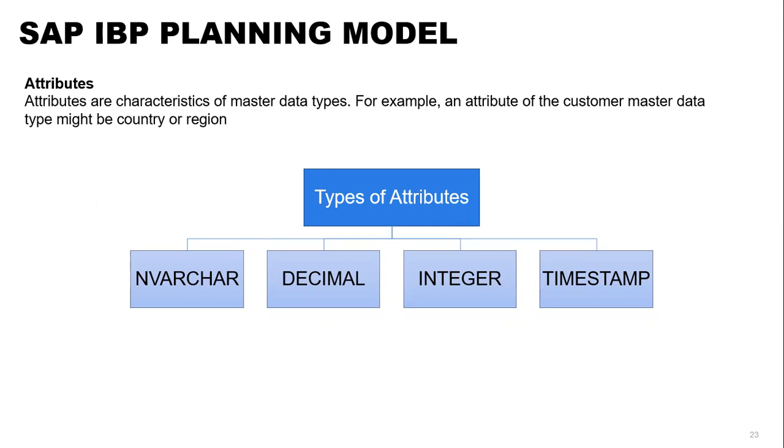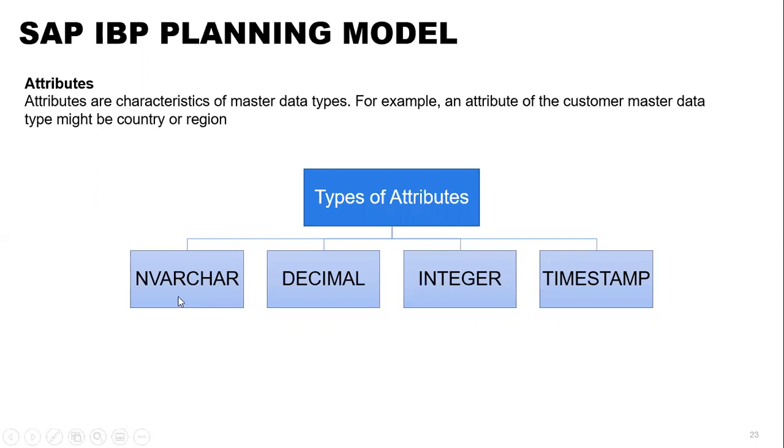If you want to describe a location with alphanumeric values, you will go for NVARCHAR. That way you can define the description of the respective location or any master data with alphanumeric values.